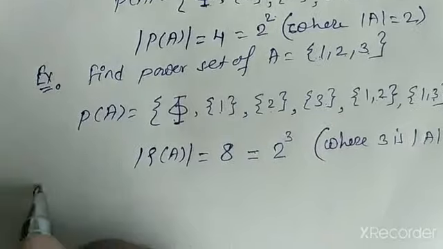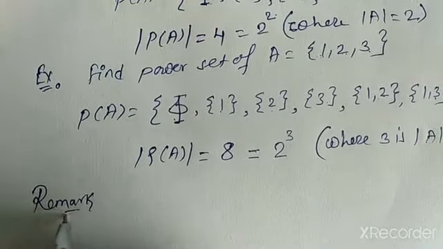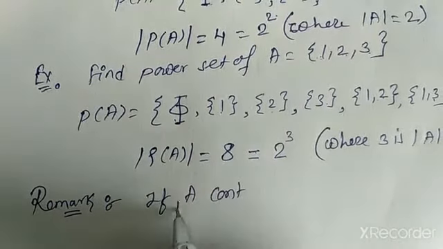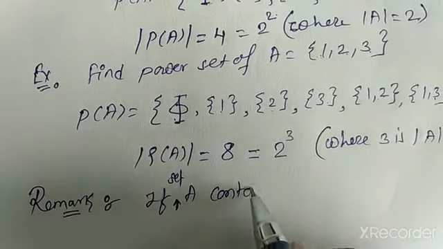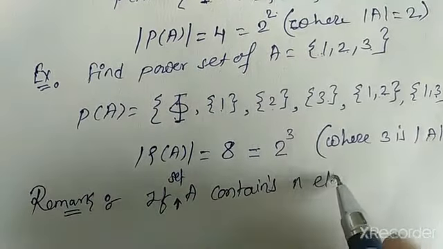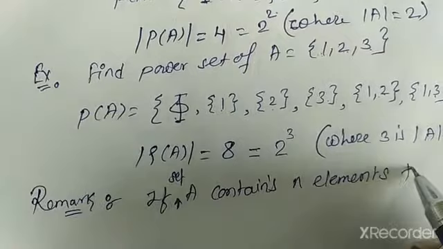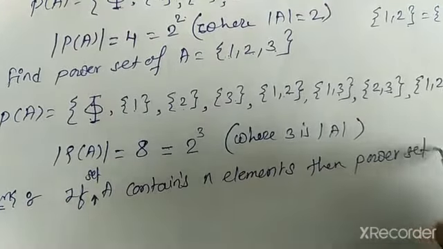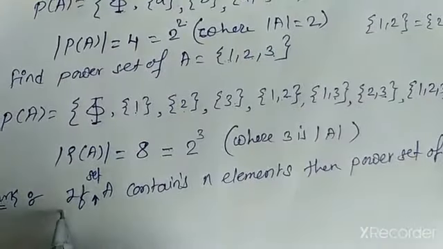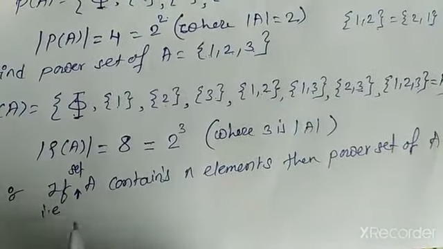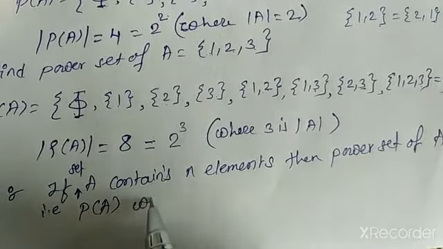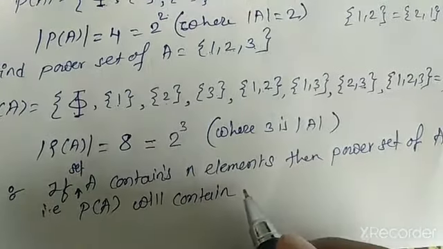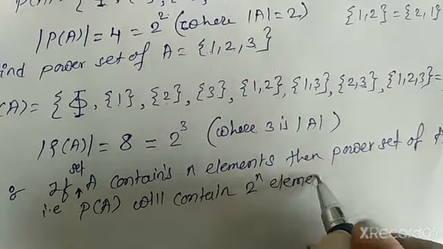Now from these two examples you may write a remark: if A contains n elements, then the power set of A, that is P of A, will contain 2 raised to n elements.